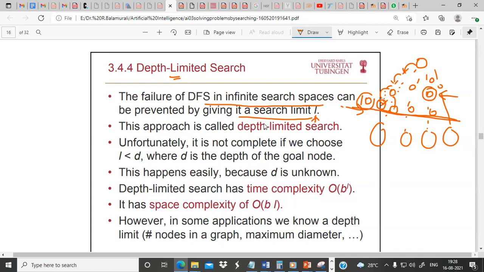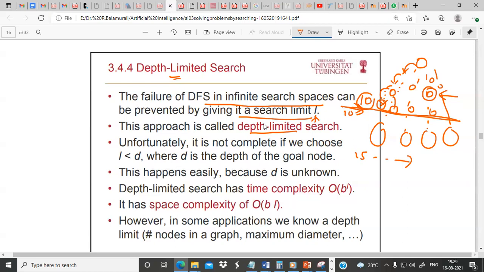So such issues can be avoided if we limit the search to L. If you do this, then that algorithm is called depth limited search. Okay, but again, in this case also we cannot say the algorithm is always complete, because sometimes you may fix a depth as 10, but the solution may be available at the 15th level. Say there is no solution available at depth 10, the solution is available at depth 15 only.